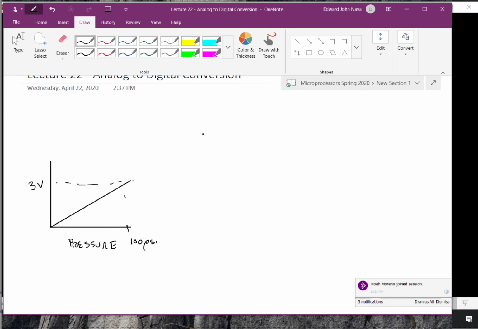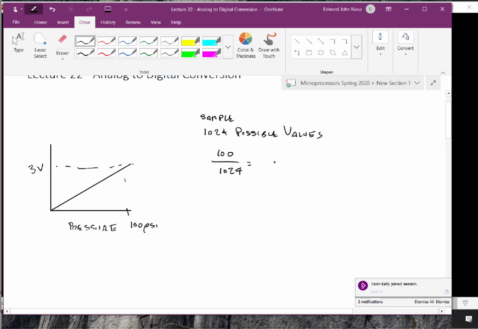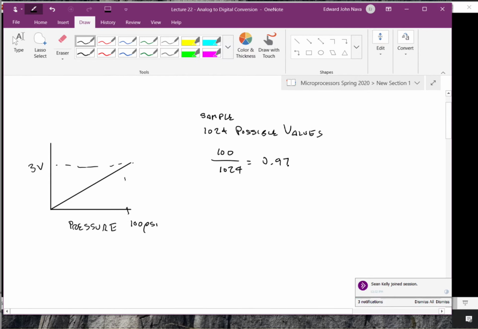So if I sample and I have 1024 possible values, then if I did some math, I would say that I'd have 100 divided by 1024, which would give me 0.097 psi per bit.